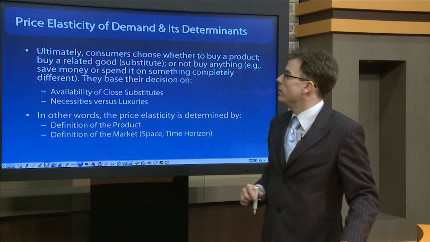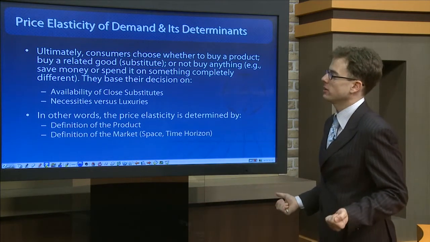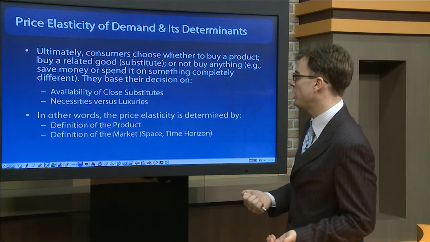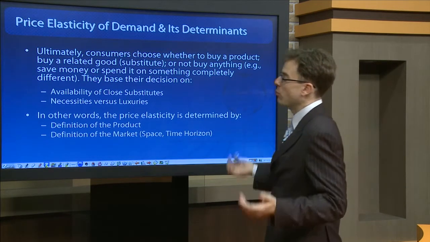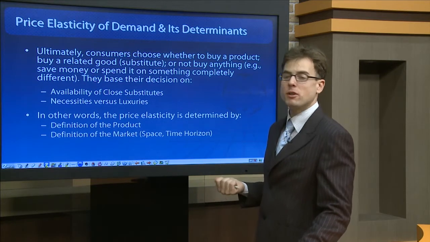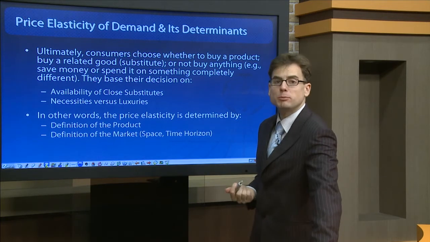Okay. What determines price elasticity of demand? So in general, what determines the shape of a demand curve? We can say that the shape of the demand curve depends on the availability of close substitutes.